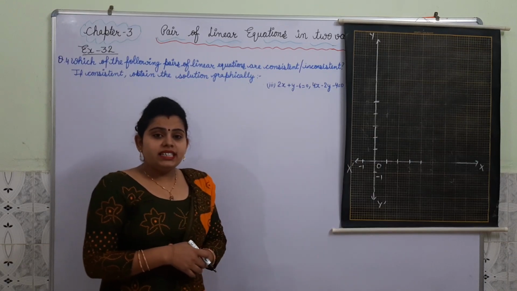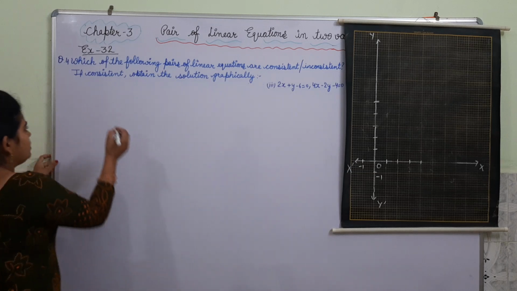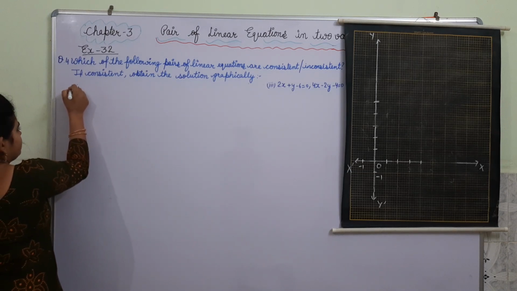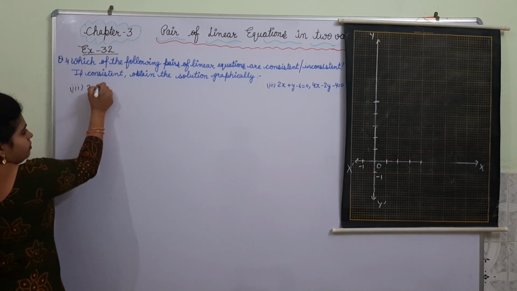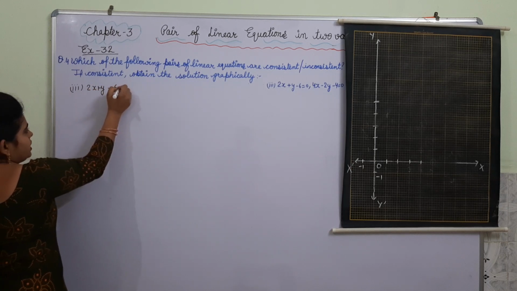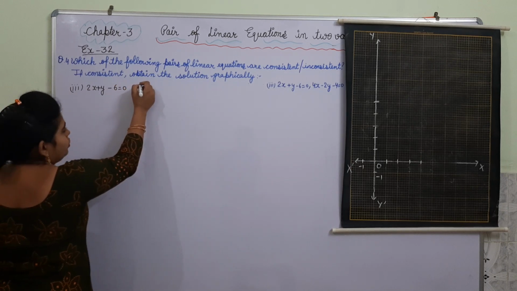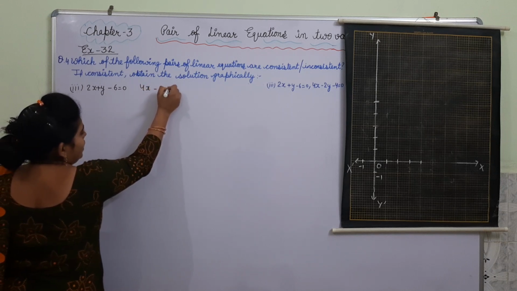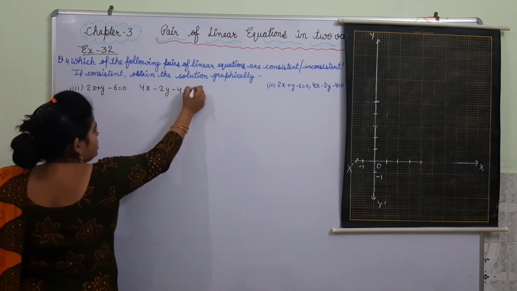Dear students, now the third part. What is given in the third part? 2x plus y minus 6 is equal to 0 and 4x minus 2y minus 4 is equal to 0.